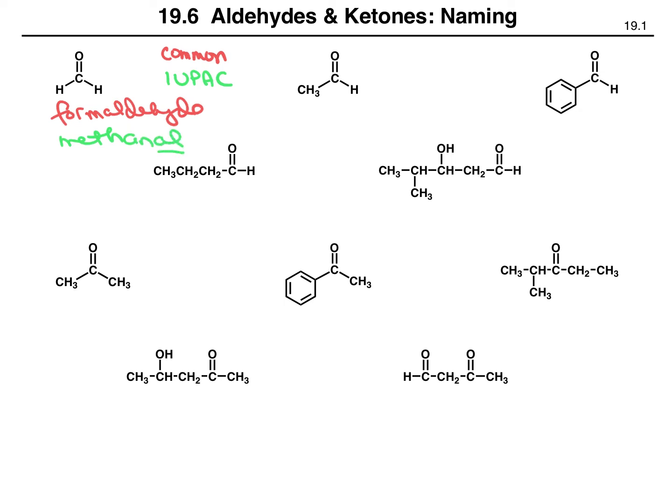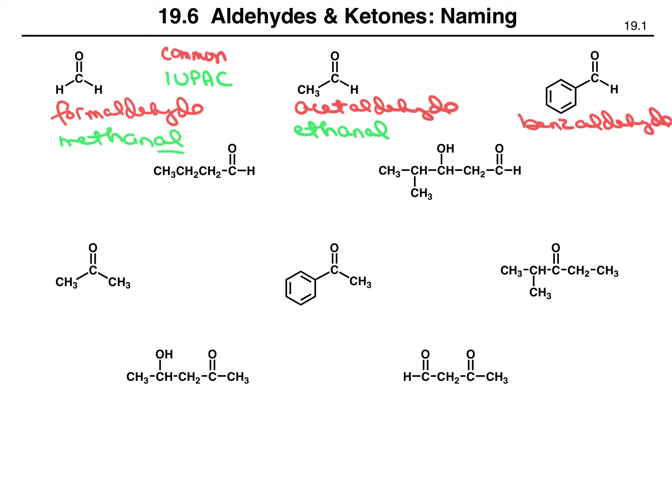The Al tells us that it is an aldehyde. With two carbons, this is acetaldehyde or ethanal. The next one is benzaldehyde. And the IUPAC name, benzene carbaldehyde, don't even worry about that.